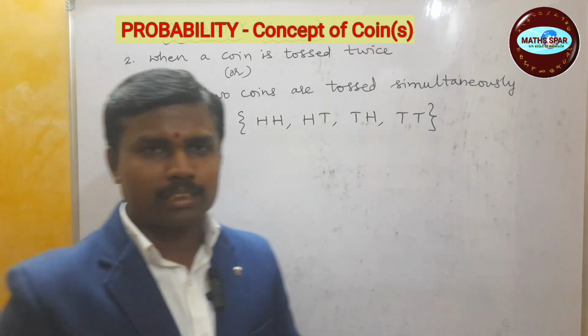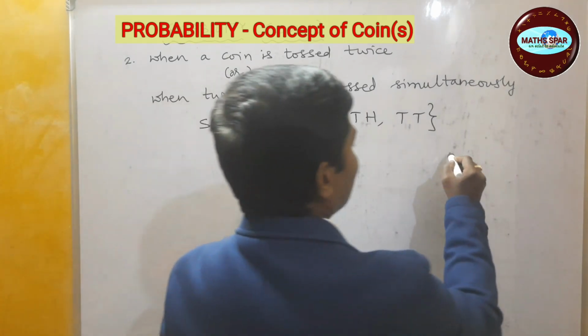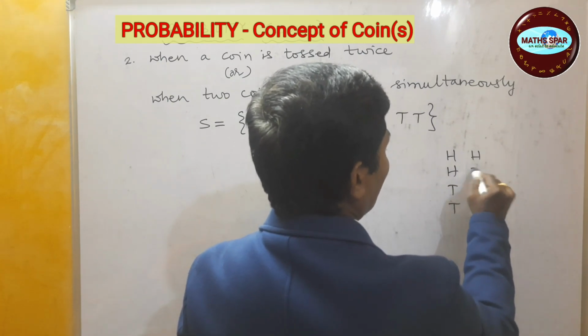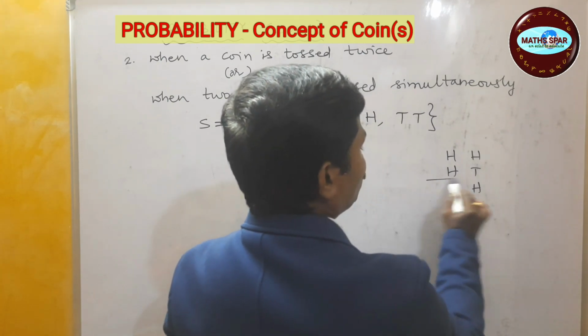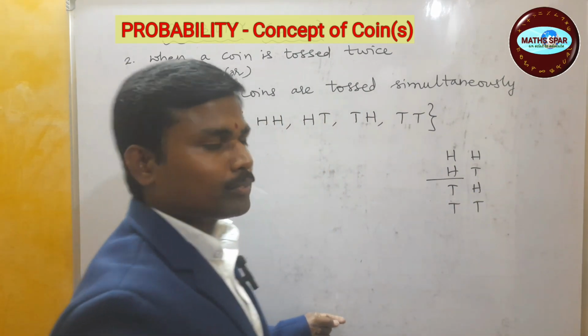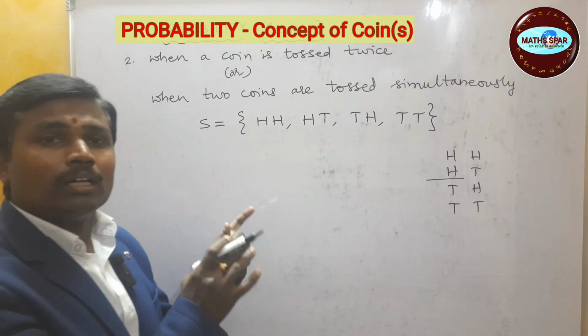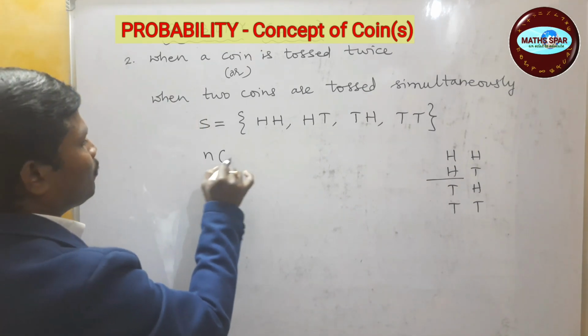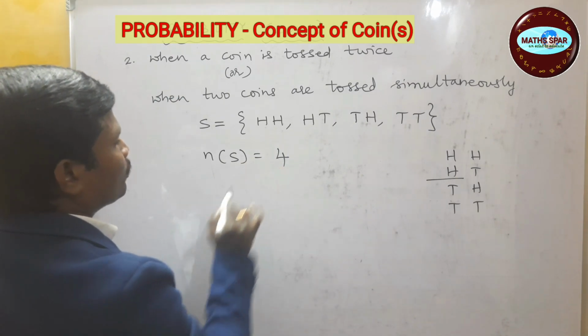How do I remember this? I will remember this as 2 2 1 1. Here two heads, two tails. Here one head, one tail, one head, one tail. So there are four possible outcomes. That is, the total number of outcomes is 4.